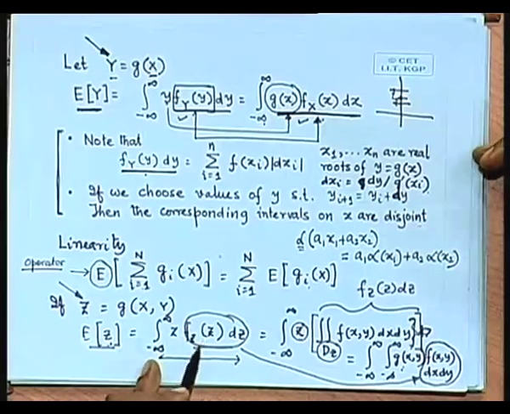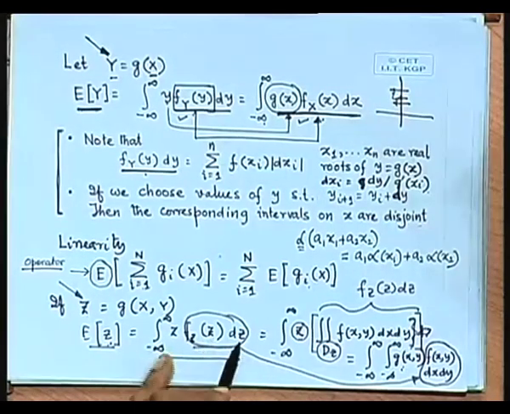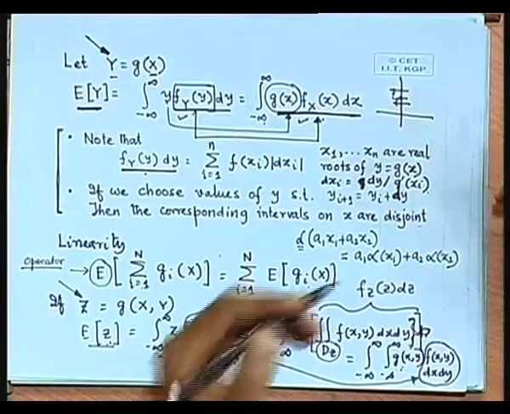Now f_Z(z) dz is the probability that z is between z and z plus dz. So now we have to compute the region of x and y for which z takes a value between z and z plus dz.